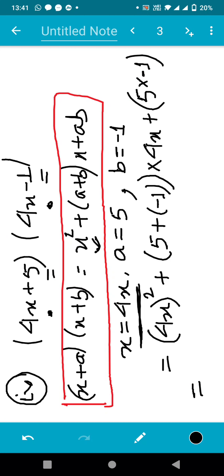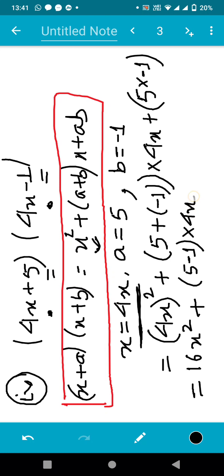The square of 4 is 16, and the square of x is x square, so 16x square. Plus, now we'll open the bracket, 5 plus minus is minus, into 4x. Now 5 into minus 1 is minus 5.